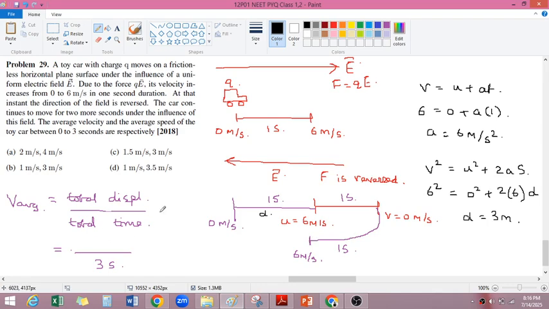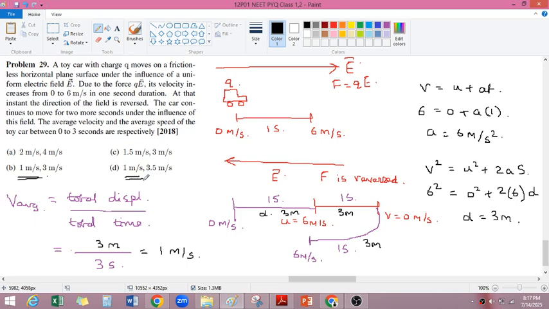So the total displacement is from here to here. Even though it has moved by 3 meters here, 3 meters here, and 3 meters here, the total displacement is only 3 meters. So 3 and 3 will cancel, so 1 meter per second.